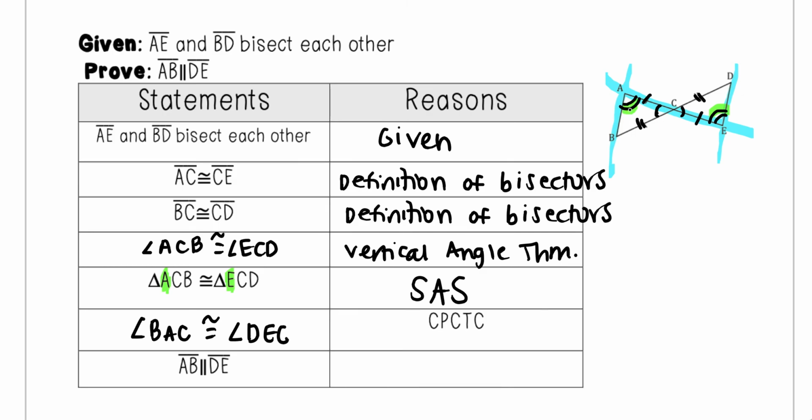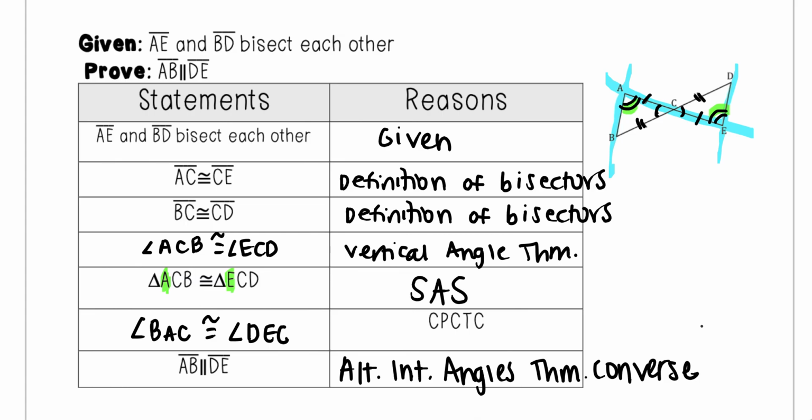Now that I've marked those with my potential parallel lines and I can see that they are alternate interior angles, I'm going to use the alternate interior angles theorem converse to say that those lines must be parallel.